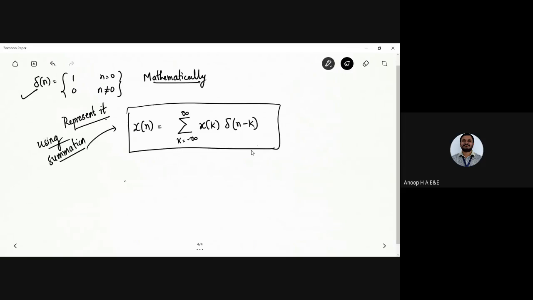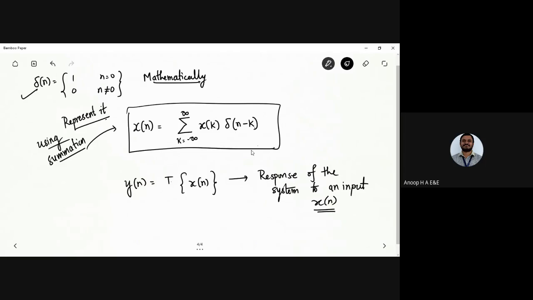Now the arbitrary response, that is y of n, that is T of x of n, is the response of the system to an input x of n. When I say x of n, it is generally the weighted inputs at each and every time.